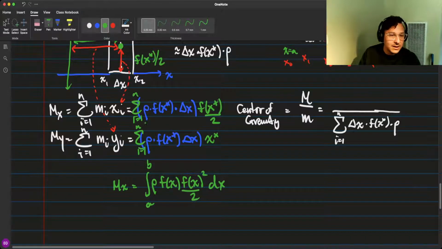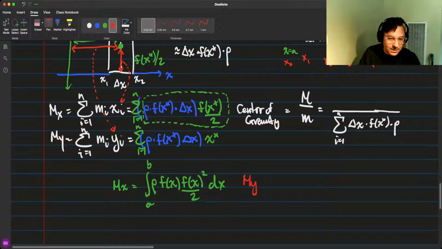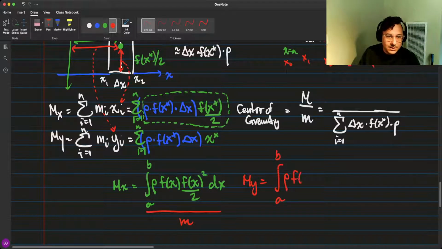All I'm doing is taking this formula and simplifying it. And then all this is divided by your total mass. And then your y moment is going to be the integral from a to b of rho f of x x dx. And I got that by looking at this one right here.